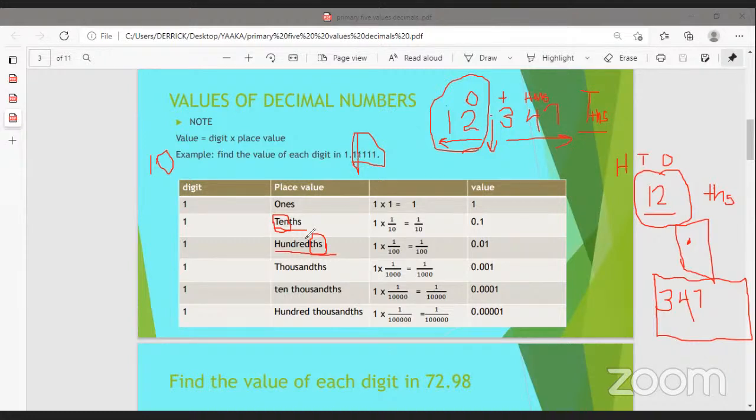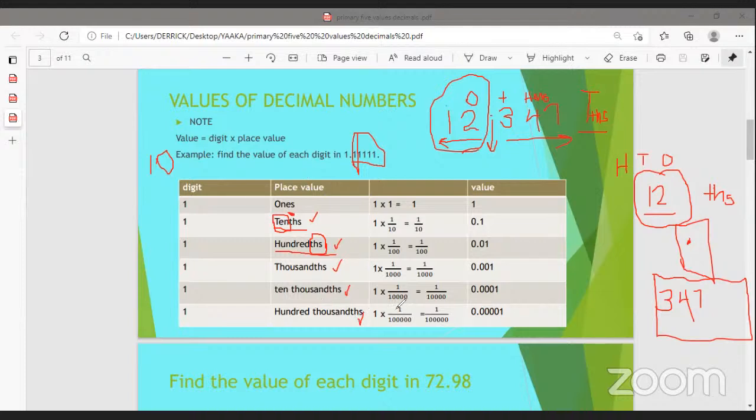The order of the place values runs from tenths after the decimal point. If we have our decimal point there, we start with tenths, hundredths, thousandths, ten-thousandths, and hundred-thousandths. We can continue and have millionths, ten-millionths, hundred-millionths, like that.